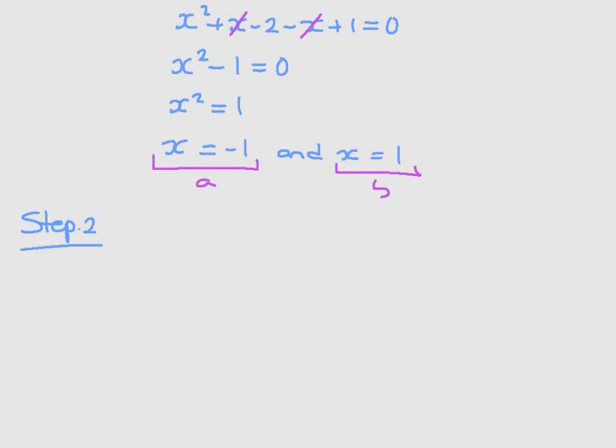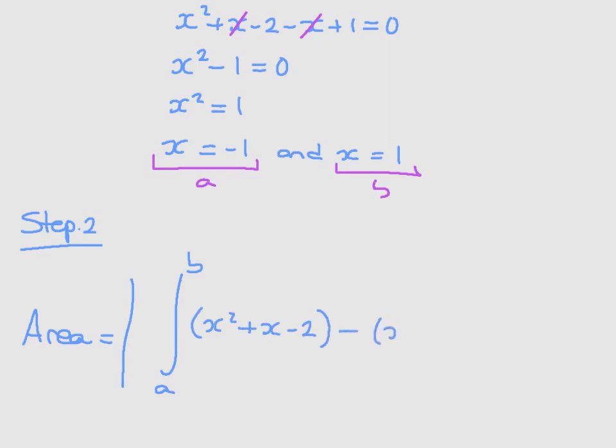Remembering what we saw from video 1, the formula for the area between two curves was area is equal to the absolute value of the definite integral from a to b of the first curve's equation, which in this case was x squared plus x minus 2, minus the second curve's equation, so minus (x minus 1). Do remember to write these in parentheses, in particular the second one, in order to avoid sign errors.